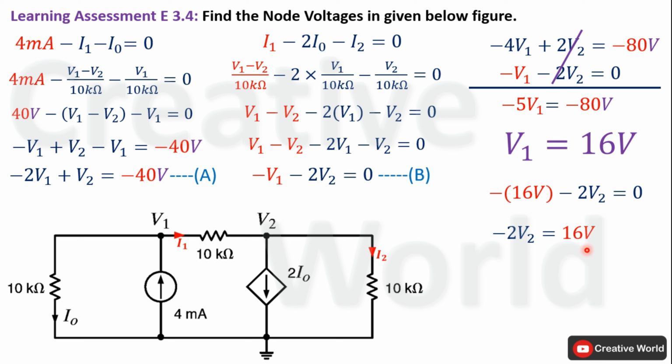It will become plus 16 volt. And divide on both sides with minus 2 to calculate the value of voltage V2, that will become minus 8 volt. So the values of node voltages inside this network are V1 equal to 16 volt and V2 equal to minus 8 volt.